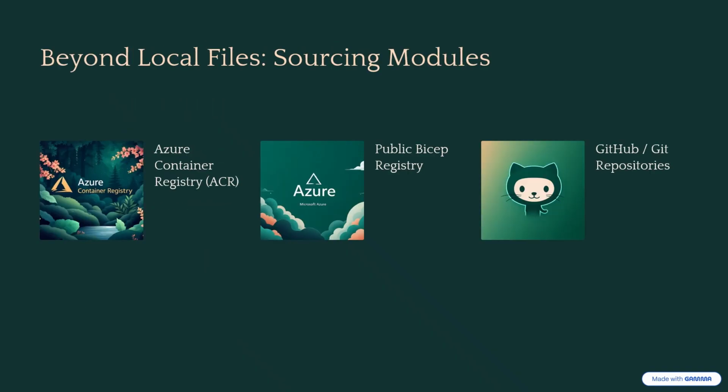Looking beyond local files, Bicep modules can offer incredible flexibility as we can extend beyond local file paths to enable true organization-wide reusability. You can reference modules from a variety of sources, like Azure Container Registry, ideal for centralizing and sharing modules within teams and across large organizations, ensuring consistent deployment. We also have the public Bicep Registry, now home to Azure Verified Modules, AVM, Microsoft's official, well-architected, compliant modules.